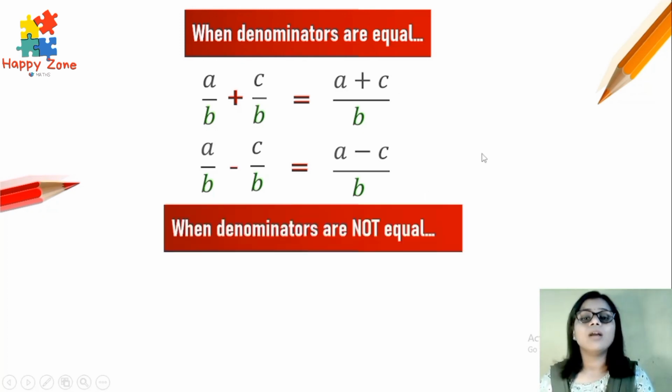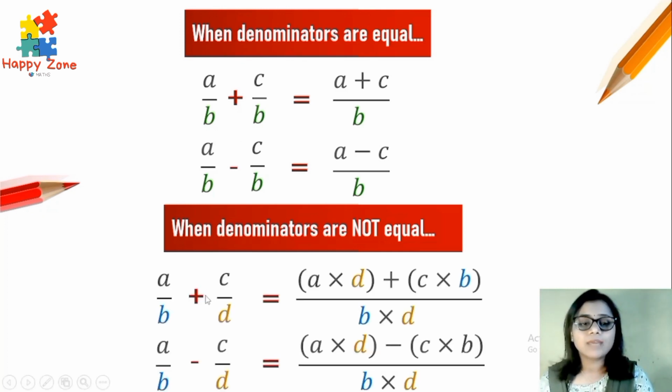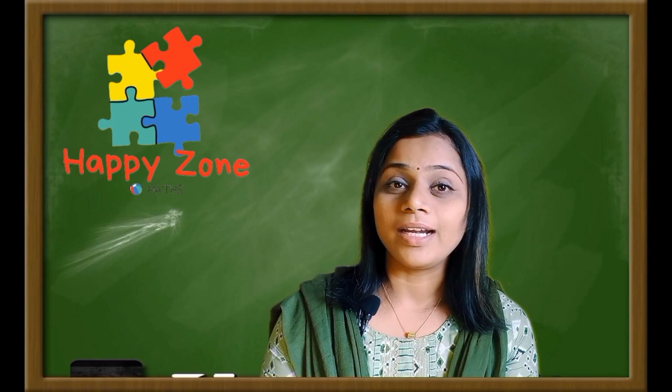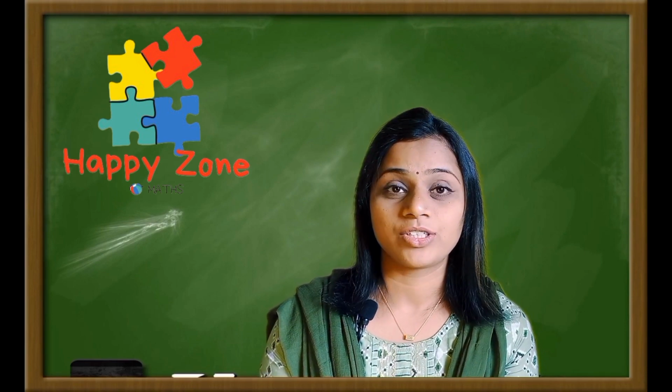Whereas when denominators are not equal, one way is finding the LCM, and the other way I told you in the last sum: if the denominators are different, just multiply the denominators and the numerators in this way and then get your final answers. I hope you are now clear with the addition and subtraction of fractions.